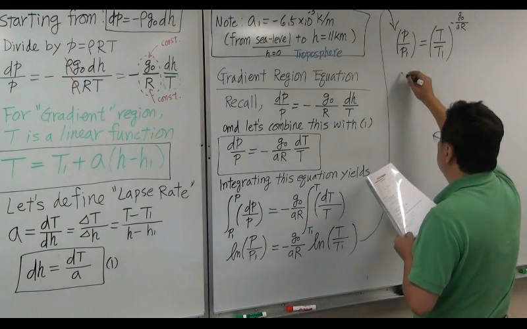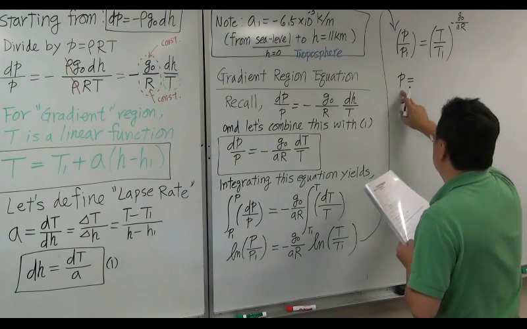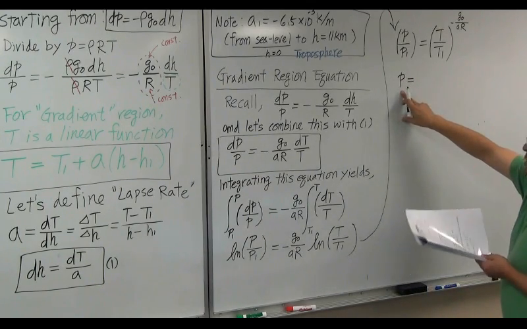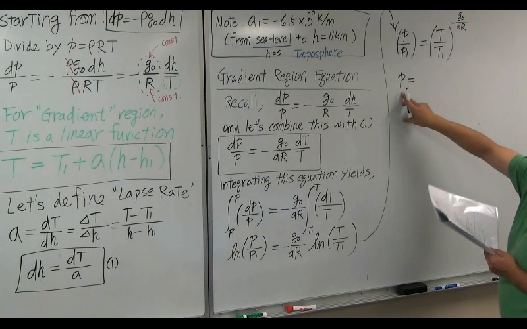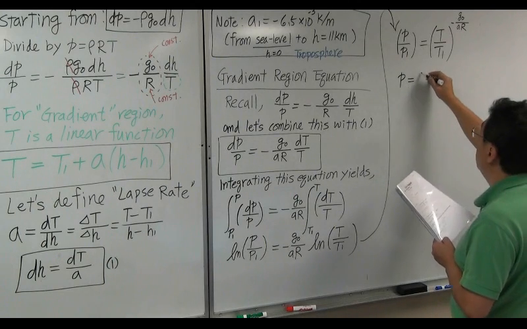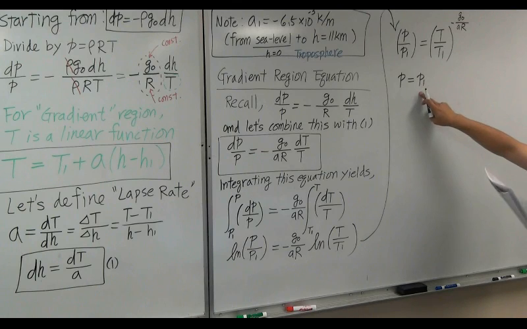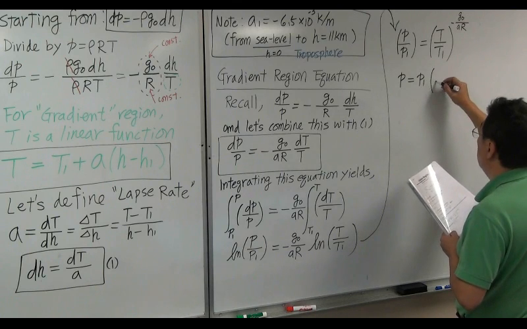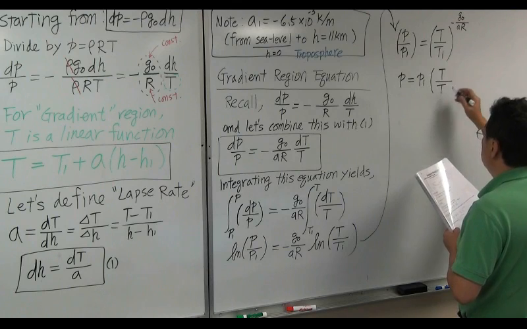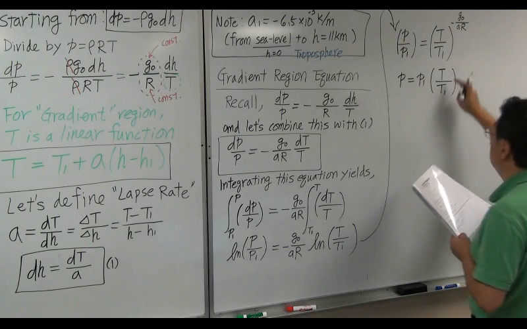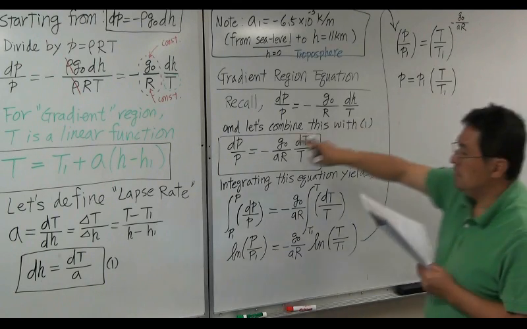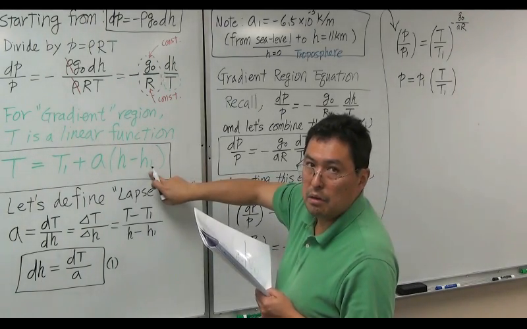So this really means that the pressure at altitude h, an arbitrary altitude within the gradient region, can be given by P1, which is the known pressure at the base of the gradient region, multiplied by the temperature ratio T to T1. By the way, temperature T can be given by this equation. Okay?